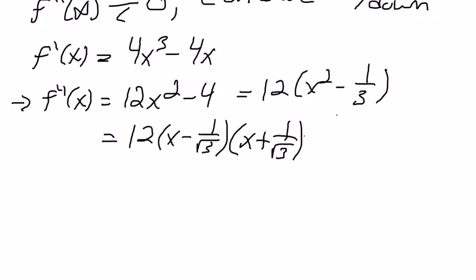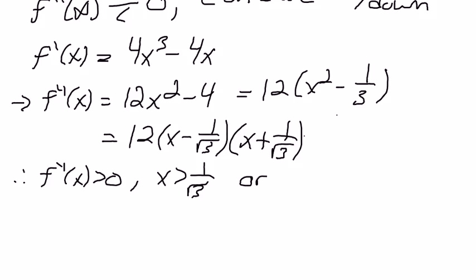And then, therefore, the double derivative is greater than 0 when x is greater than 1 over the square root of 3, or when x is less than negative 1 over square root of 3.